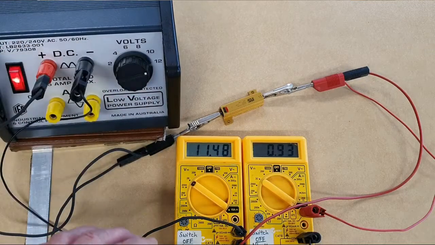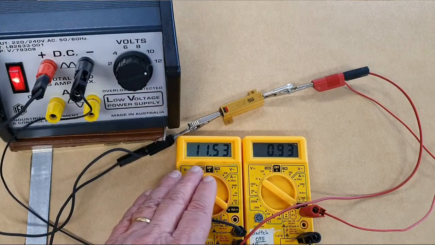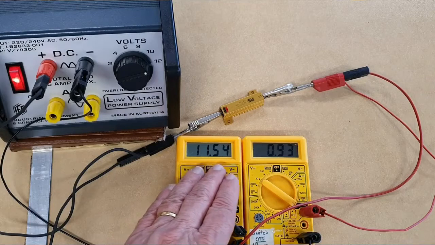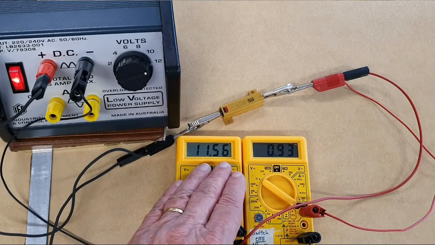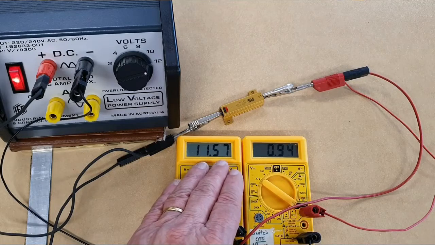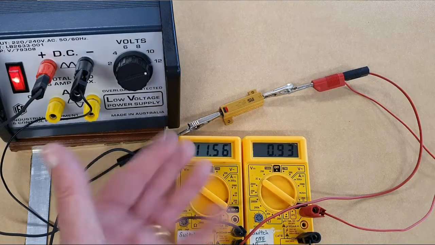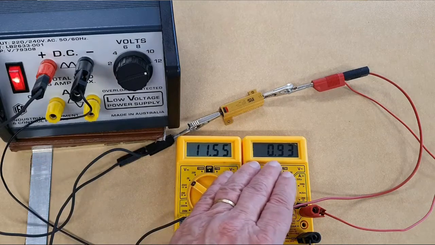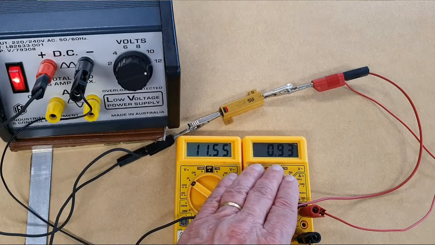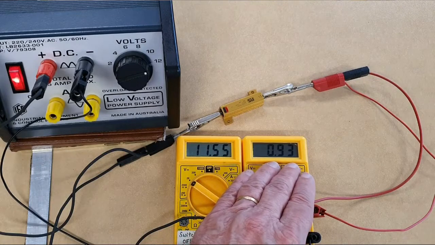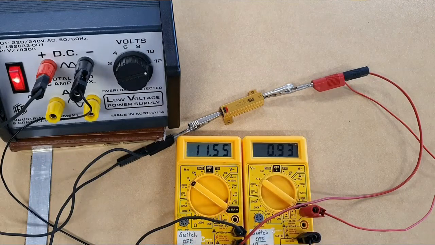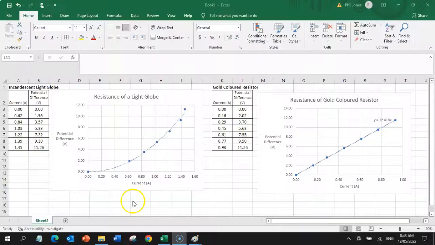And this last one then is 11.56, and over here 0.93. So now we're in a position to draw a couple of graphs. Let's do that.